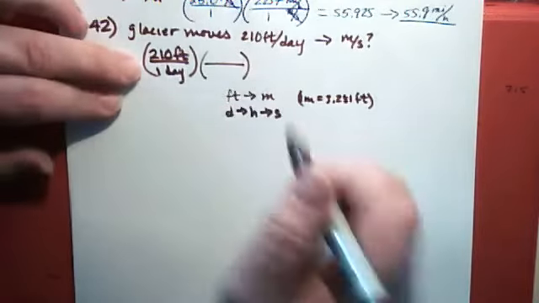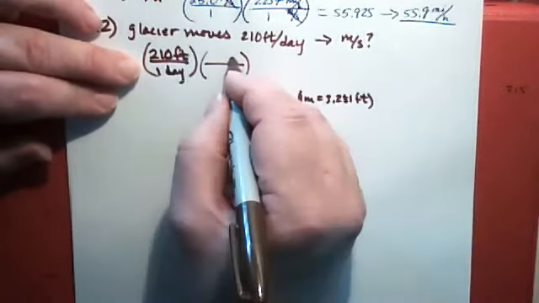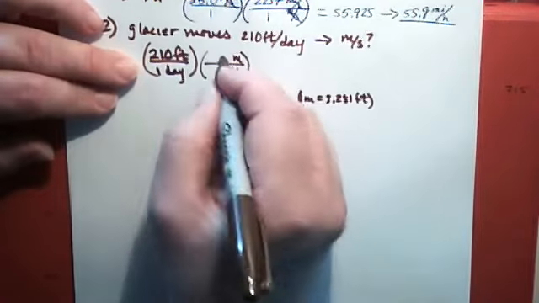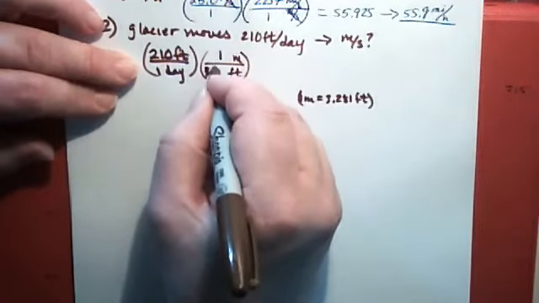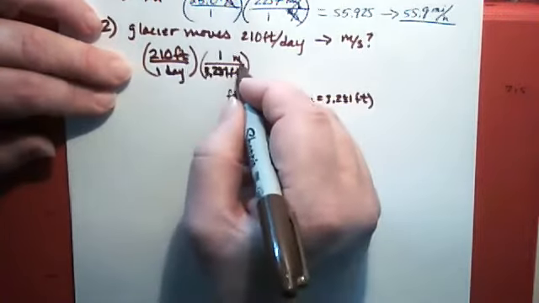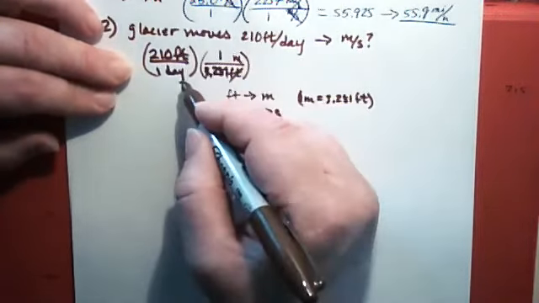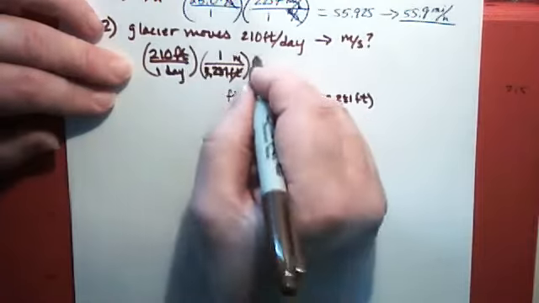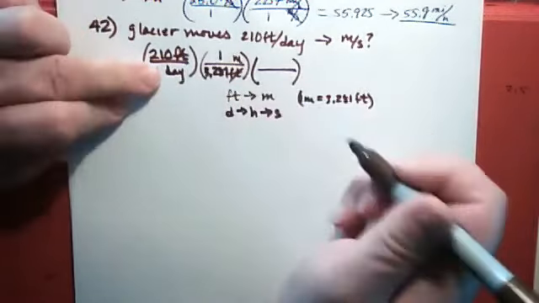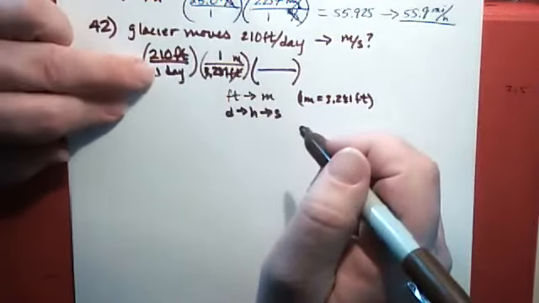Ignoring the bottom unit and just changing the top unit for now, we want it to be meters and we want feet to cancel. There's 1 meter for every 3.281 feet. Okay, feet will cancel and we have meters per day, but we might as well just keep on going. And for days, we want to change that to hours now.